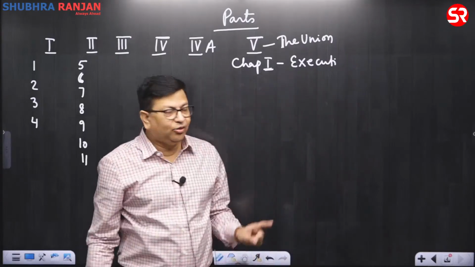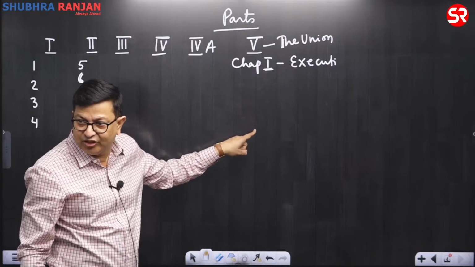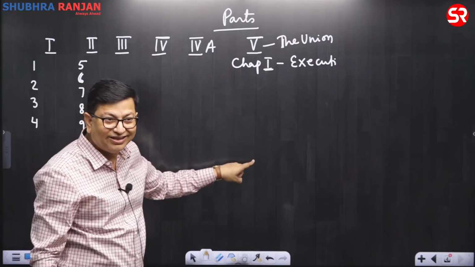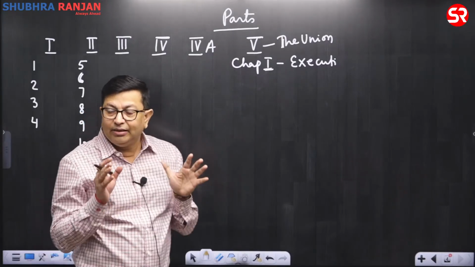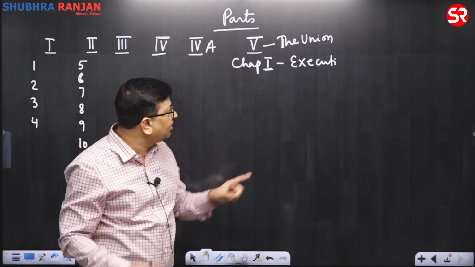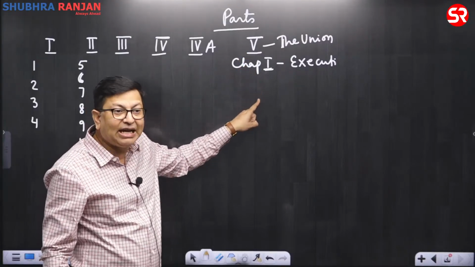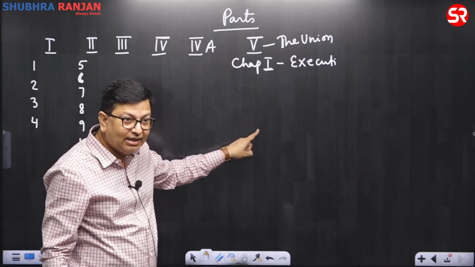And then we have the provisions with respect to the president, vice president, council of ministers, the articles are there. So, the parts which are multidimensional, they have got the chapters also, and after the chapter we have got the articles.